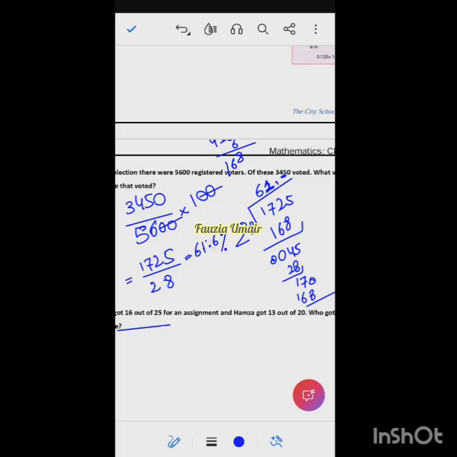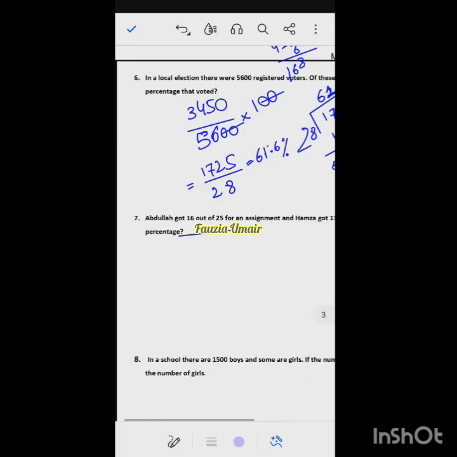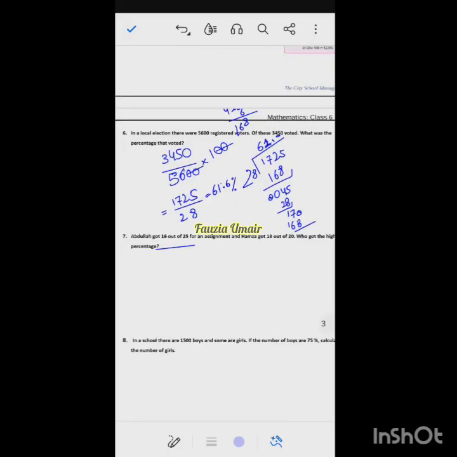Right? All right. So moving on to the next question. Abdullah got 16 out of 25 for an assignment and Hamza got 13 out of 20. So who got the highest percentage?